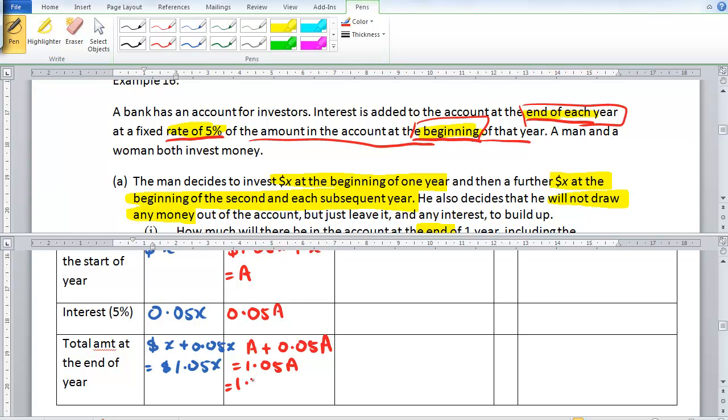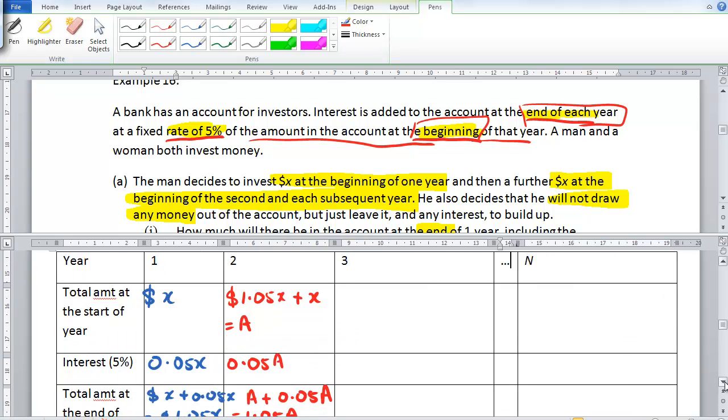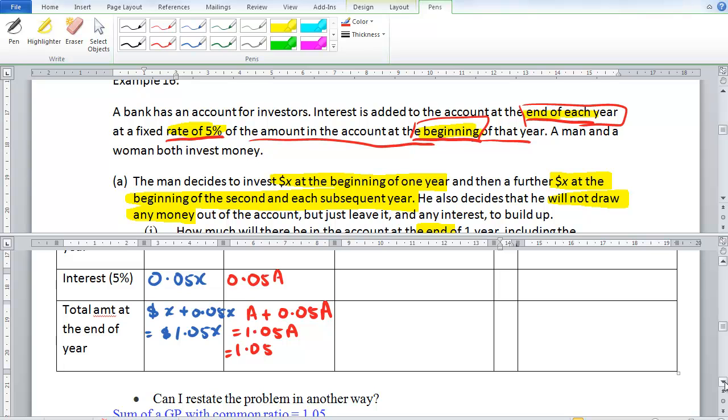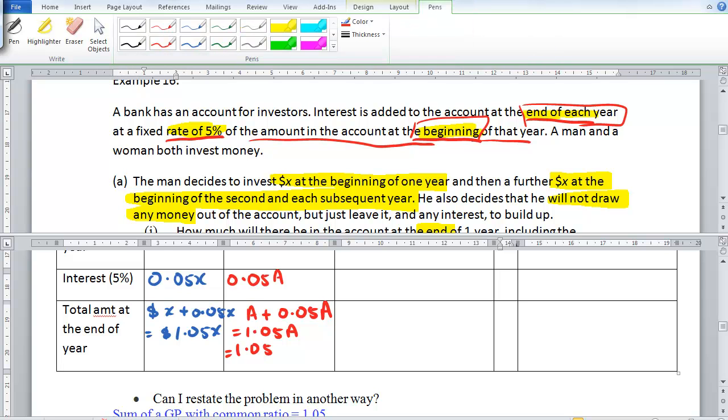and when we substitute in what we know as A, it will be 1.05 multiplied to 1.05x plus x.